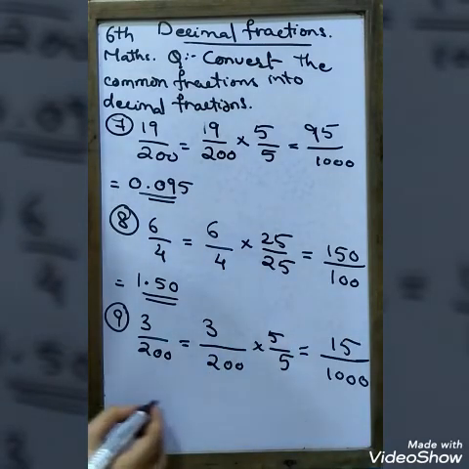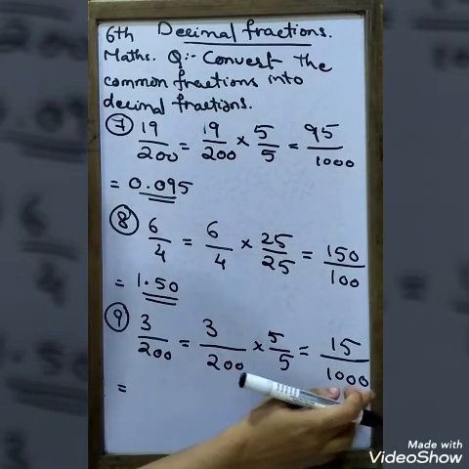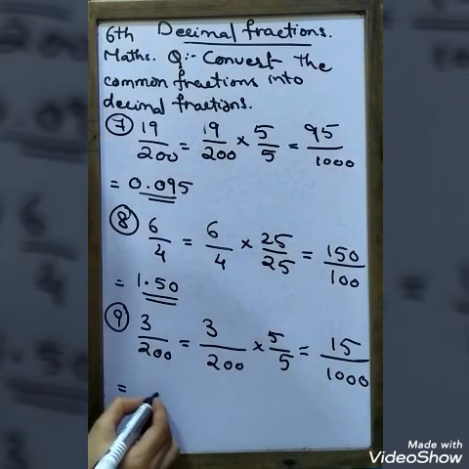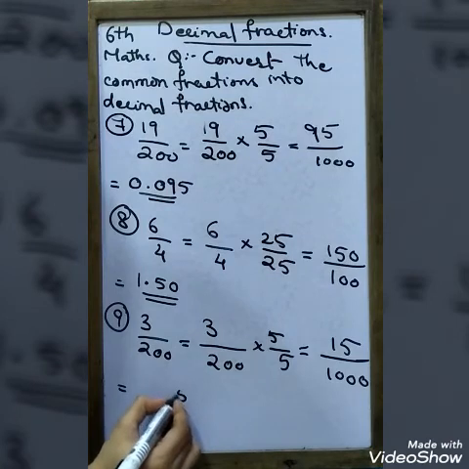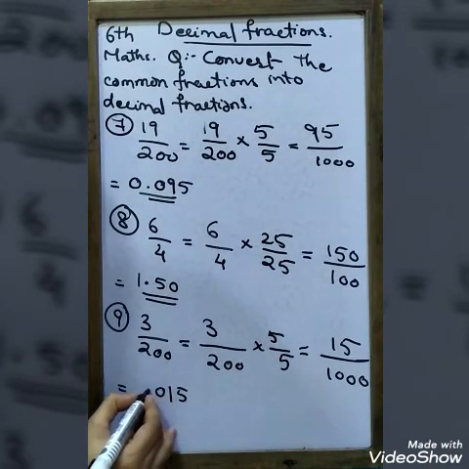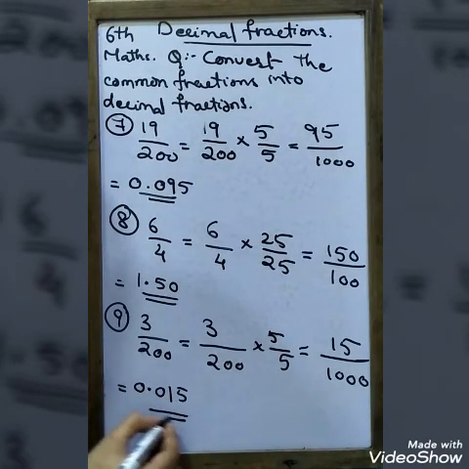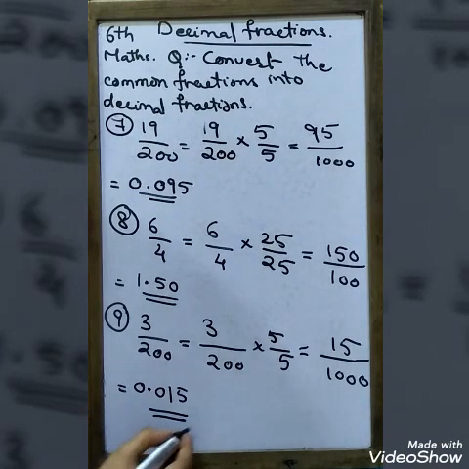So here it will be 1000, 1 2 3 डिजिट के बाद जाना है, and then 0.0. So the answer is 0.015.